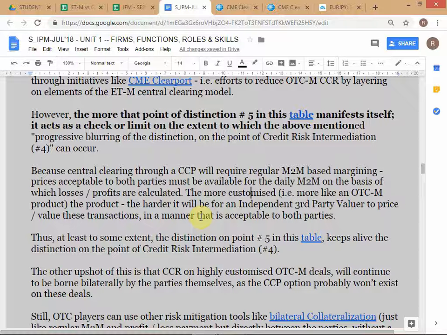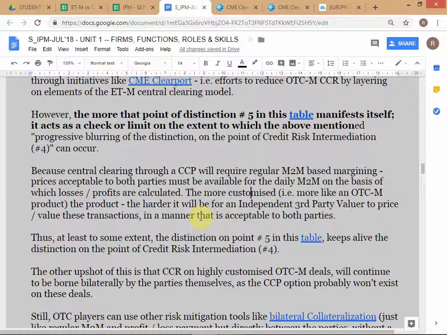Now think about what is involved when you're doing a CCP structure. The point I'm trying to make is that while the distinction is getting blurred, in that the CCP structure is coming into the OTC markets, and so credit risk intermediation through a clearinghouse is happening even in OTC markets, the extent to which this distinction can be blurred is limited by the amount of customization in OTC markets, because OTC markets are noted for their customized contract terms.